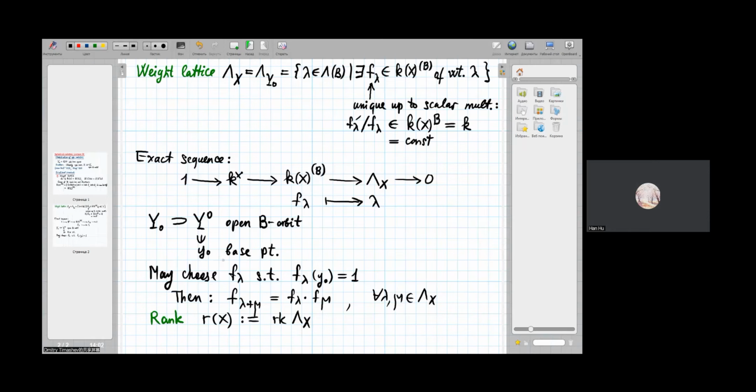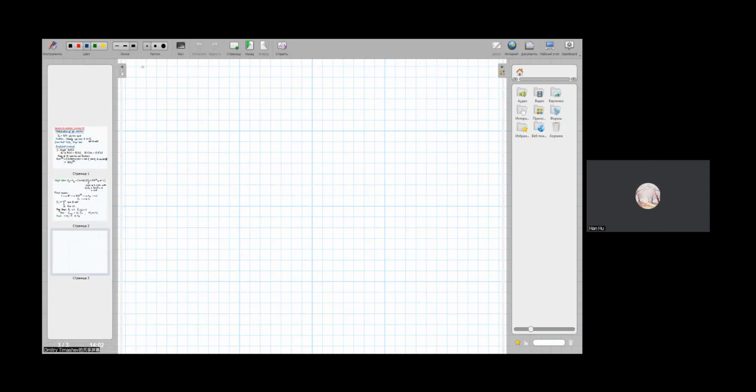Maybe let me consider an example. If we take a generalized flag variety, that is X equal to G mod P, where P is a parabolic subgroup, an intermediate subgroup between the Borel and the whole group G. Then we may take the base point whose stabilizer is this P. So the stabilizer of the base point will be P. Then we have this Borel subgroup, which is contained in the stabilizer.